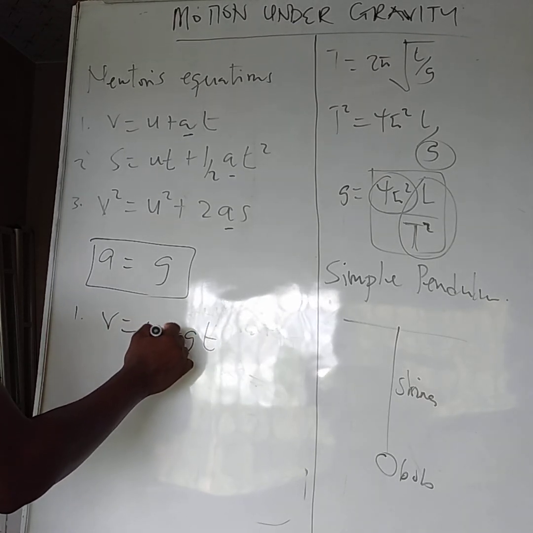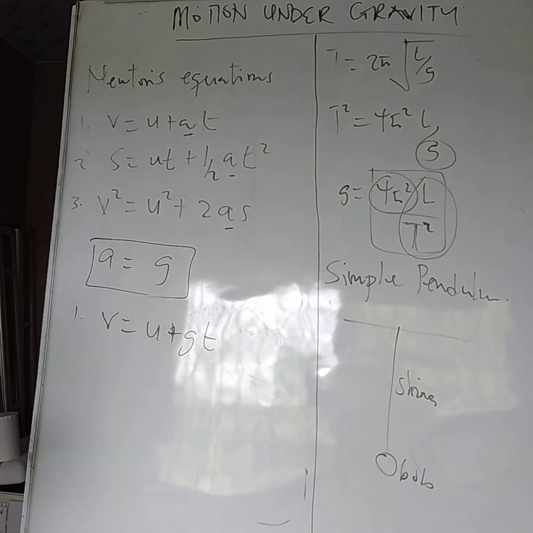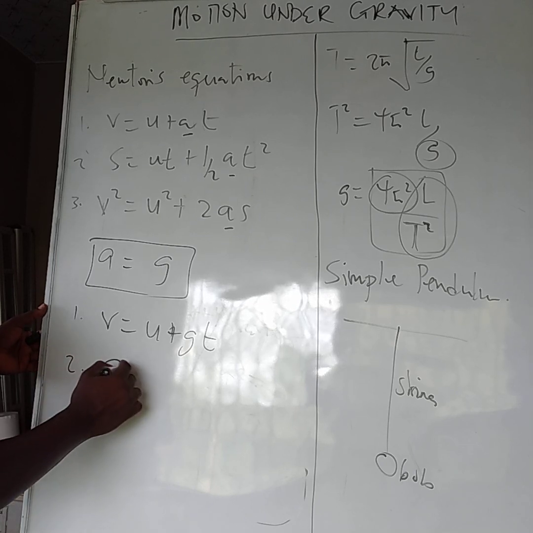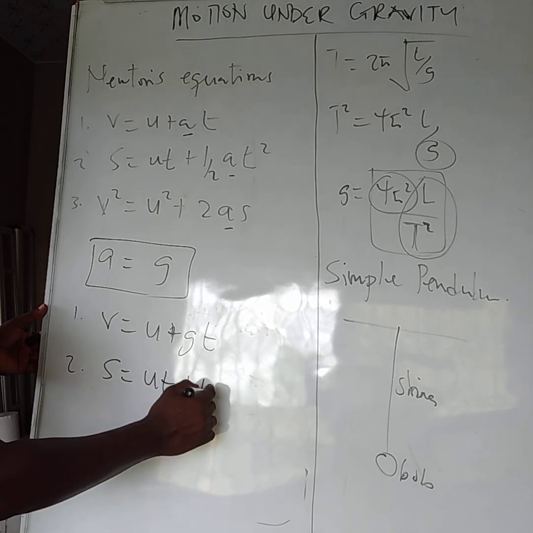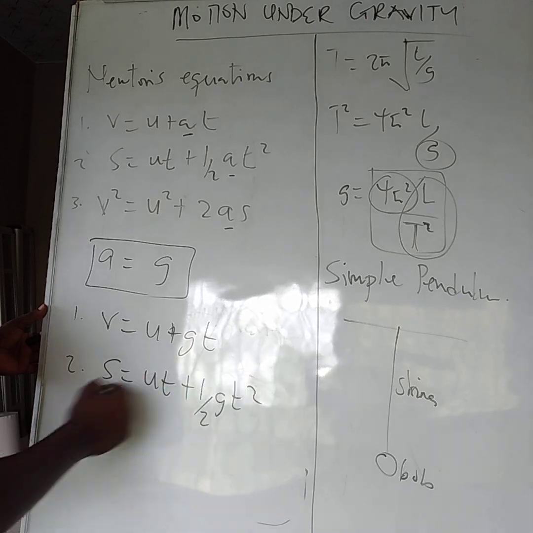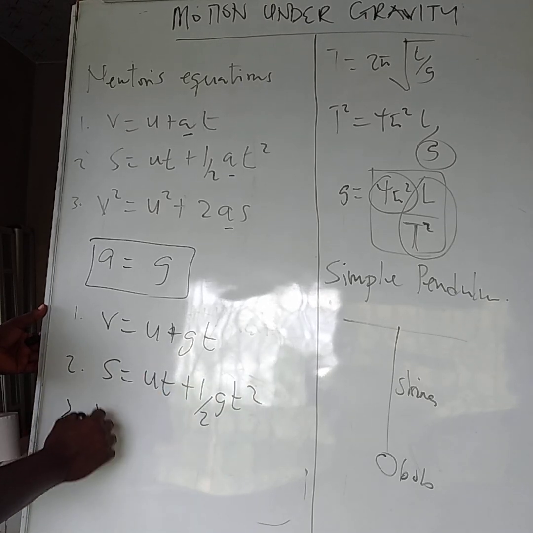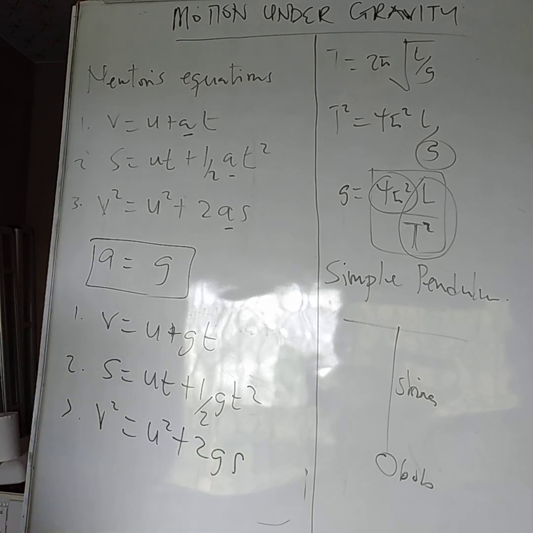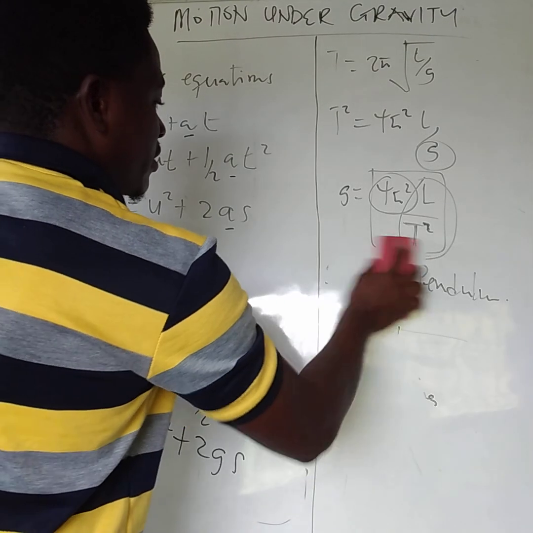Anytime you see G in an equation, it means we are talking about the equation in terms of gravity. The second equation becomes S equal to Ut plus half Gt squared. And the third equation becomes V squared is equal to U squared plus 2Gs. So this is how you can rewrite Newton's equations of motion for motion under gravity.